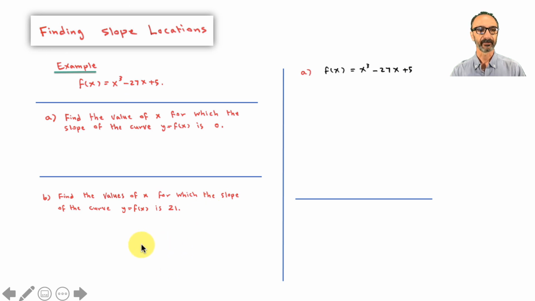We'll see. First, for part A, this is our function. That's how we find the derivative. I think it's simple. Bring the 3 down, reduce the power by 1. The 27x goes to 27, so that's minus 27. Set it equal to 0 because we want the slope to be 0.